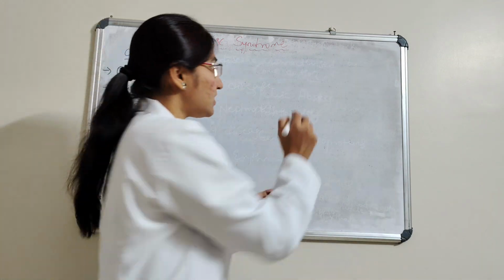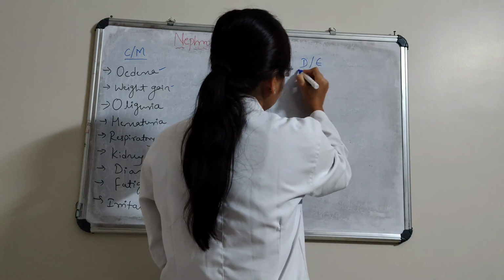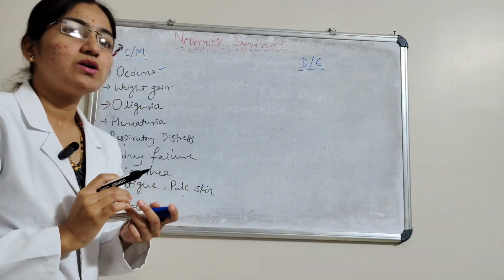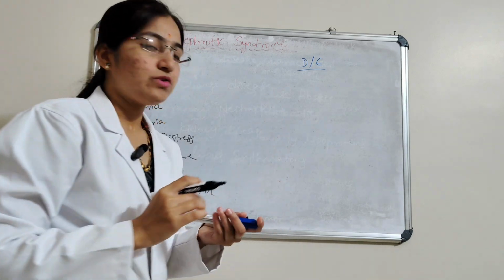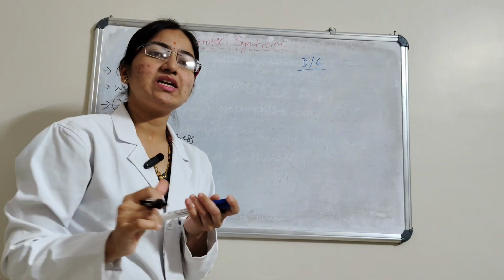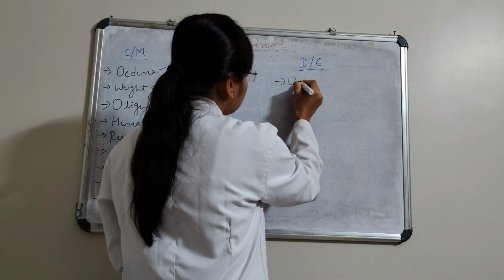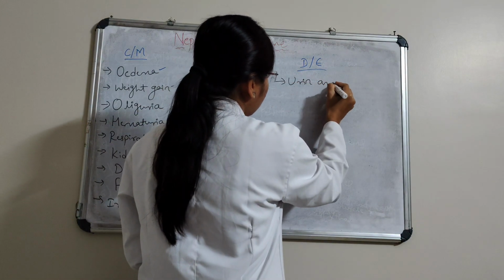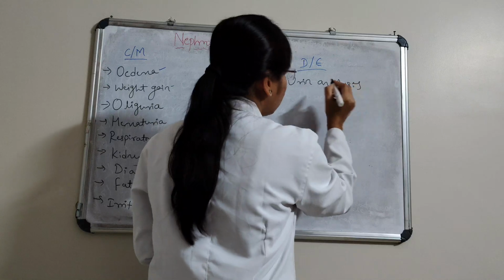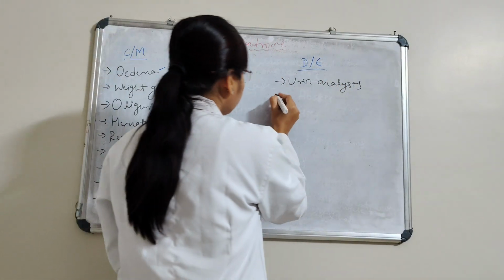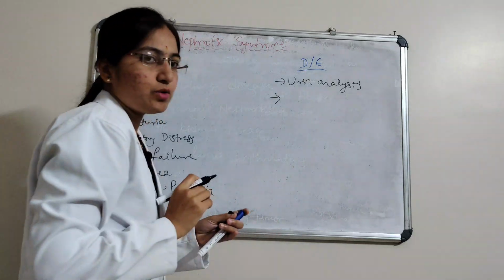Next we will see the diagnostic evaluations for nephrotic syndrome. First and foremost, physical examination and history collection. After that, urine analysis, a urine test for proteinuria to check the protein level in the urine.